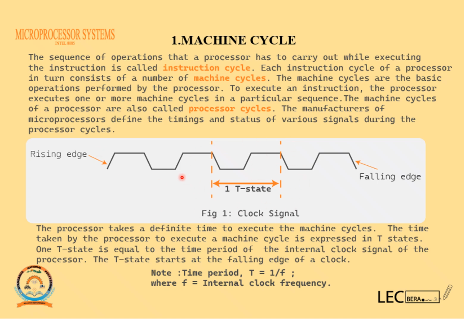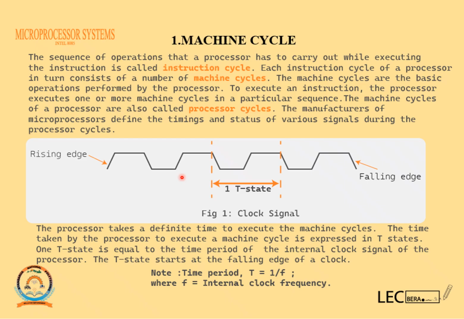So the processor takes a definite time to execute the machine cycles. The time taken by the processor to execute a machine cycle is expressed in T states. So one T state is equivalent to the time period of the internal clock signal of the processor. The T state starts at the falling edge of a clock.